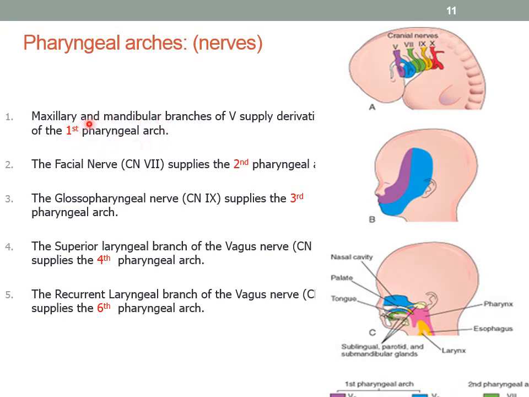All the derivatives of the first pharyngeal arch are supplied by the maxillary and mandibular branches of the trigeminal nerve, the second by the facial nerve, the third, the stylopharyngeus muscle, by the glossopharyngeal nerve, the fourth by the superior laryngeal branch of the vagus nerve, and the recurrent laryngeal nerve supplies the derivatives of the sixth pharyngeal arch.